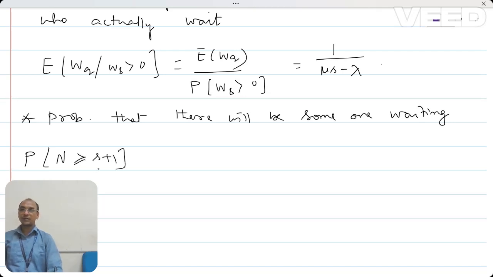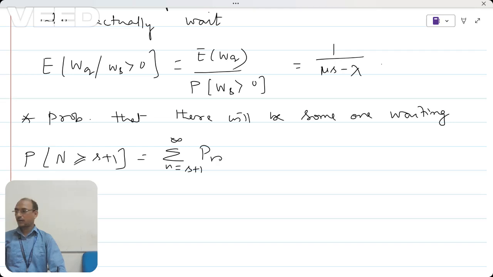There are s servers and customers. If somebody is waiting, then definitely the number of customers is more than the number of servers, and this will be nothing but summation n equal to s plus 1 to infinity pn.